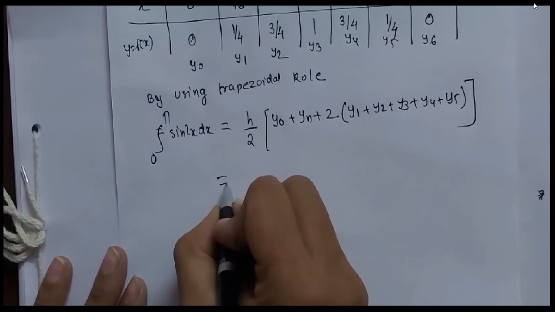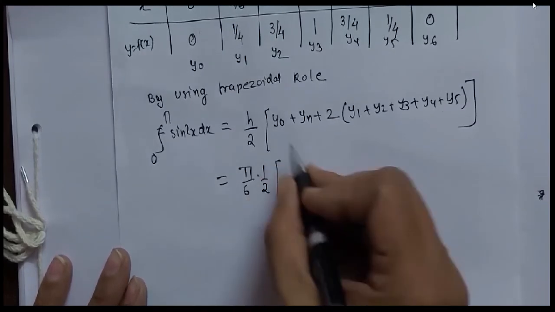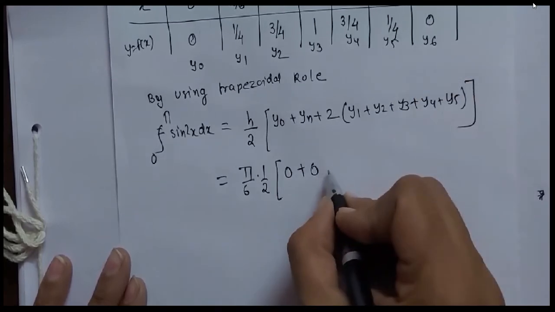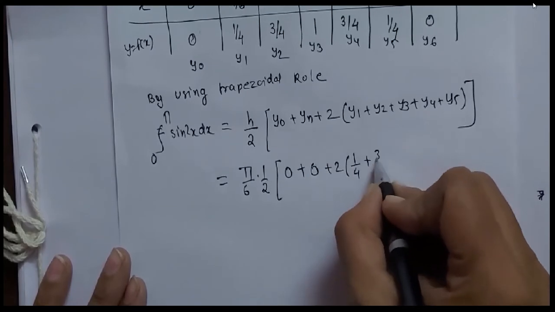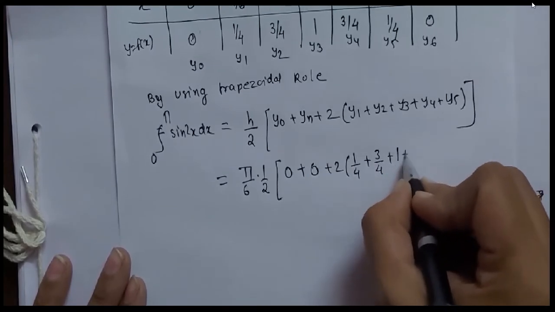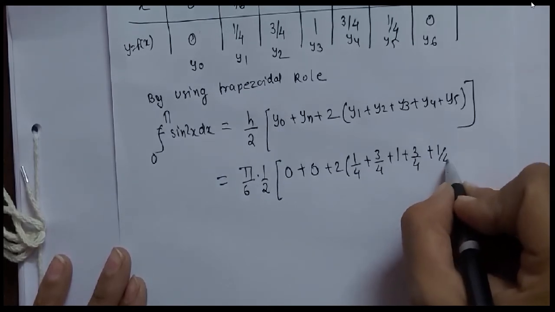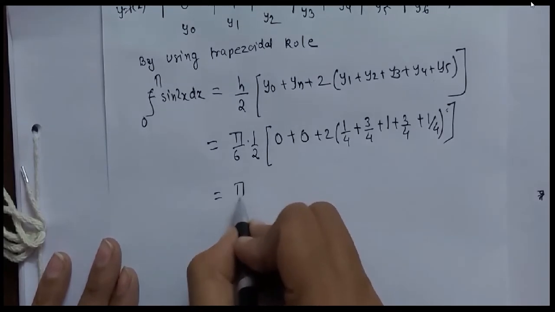Now we need to substitute pi by 6 into 1 by 2. y0 is 0 plus yn is also 0 plus 2 times (1 by 4 plus 3 by 4 plus 1 plus 3 by 4 plus 1 by 4), which is equal to pi by 12.